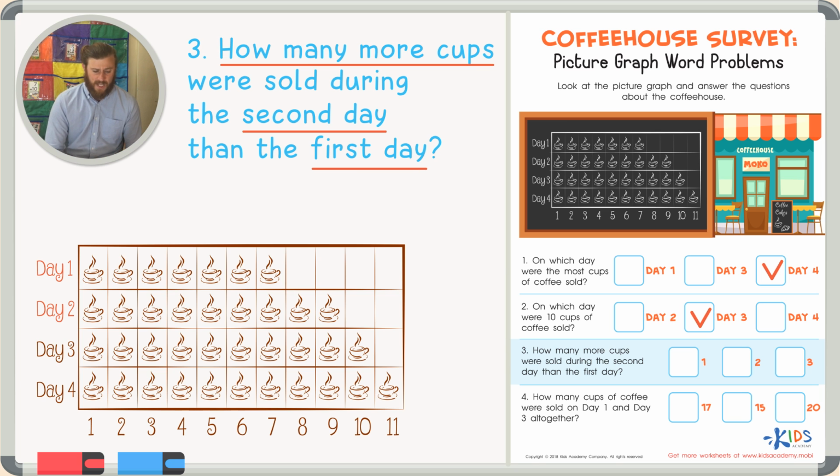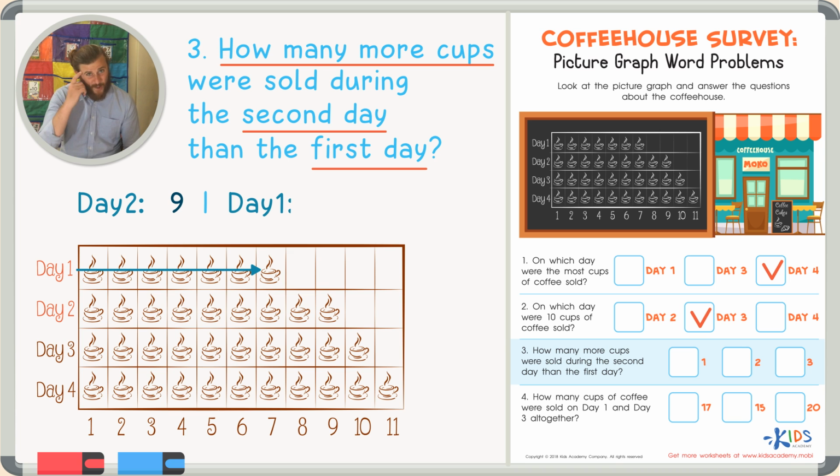So let's see, how many cups of coffee were sold on day 2? On day 2, there were 9 cups of coffee sold. What about day 1? How many cups of coffee were sold on day 1? Well, if we look at day 1, and we remember from our example, I know that there were 7 cups of coffee sold on day 1.